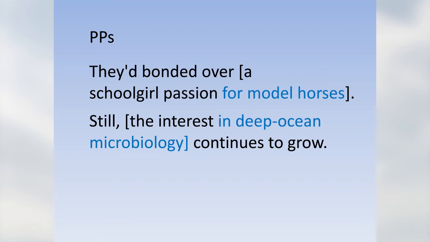Passion selects a prepositional phrase starting with for. And interest selects a prepositional phrase starting with in. They can't use each other's prepositional phrases. You know what I'm talking about, right? Licensing. Certain nouns license certain prepositional phrases. That's why we call them complements.